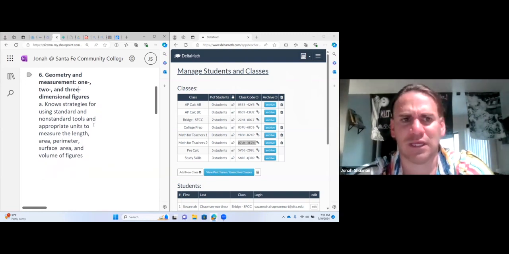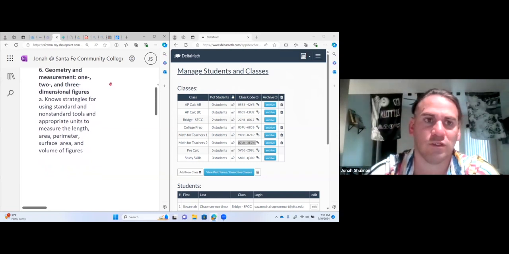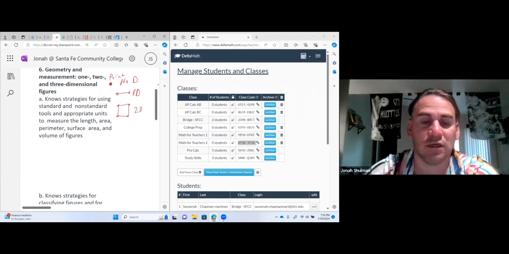So here we go. Here's 6A. A good way to do this is we've got one dimension. A point has no dimensions. Here's a line segment. That's 1D. So there's your point, there's your line. 2 dimensions is like a square. It's flat. So that's 2D. And 3D is a cube.